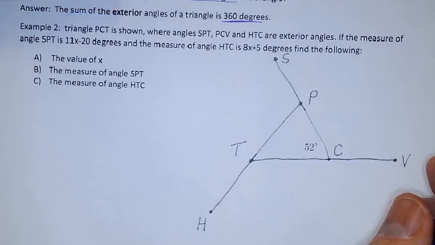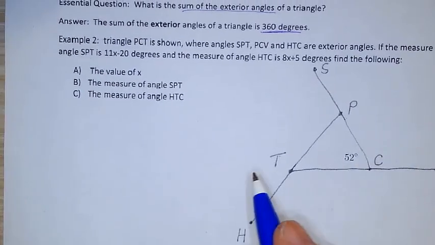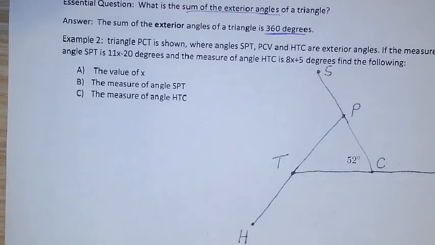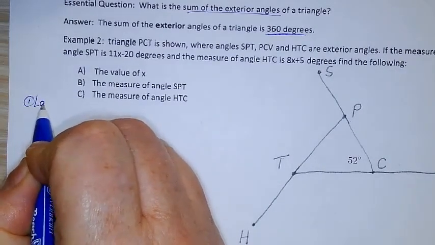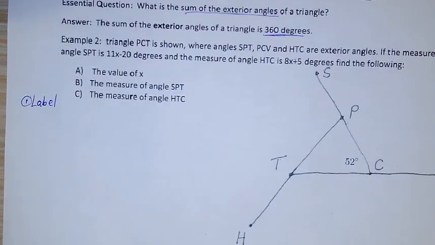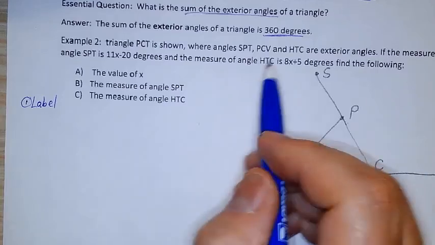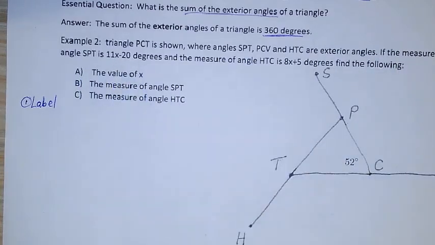Like I said before, label the angles. So step 1, label. Mark the diagram. For example, it says right here, the measure of angle SPT is 11x minus 20.